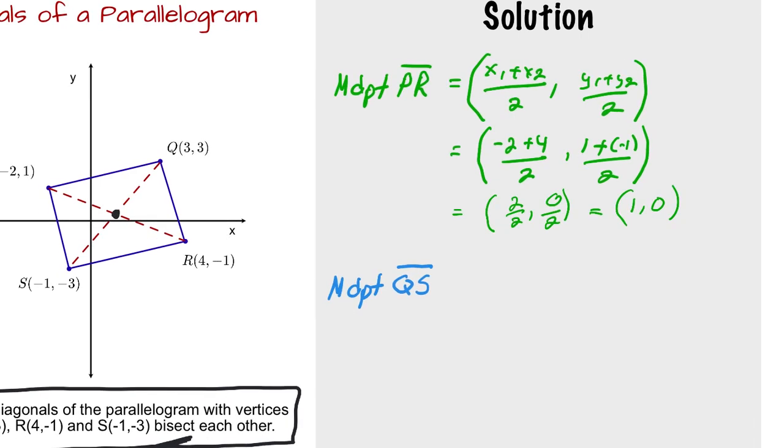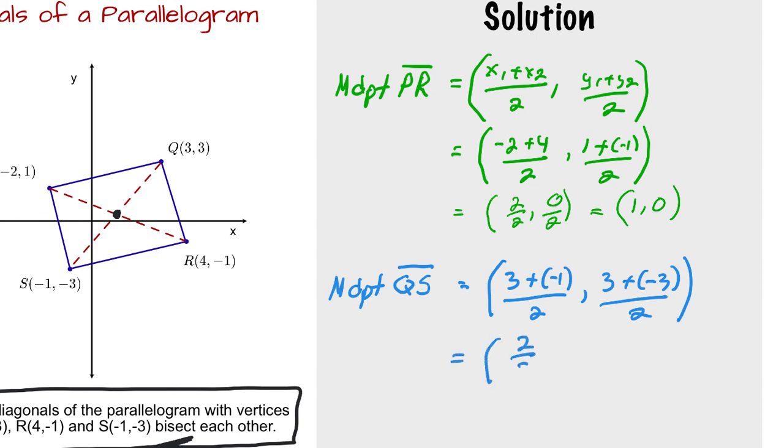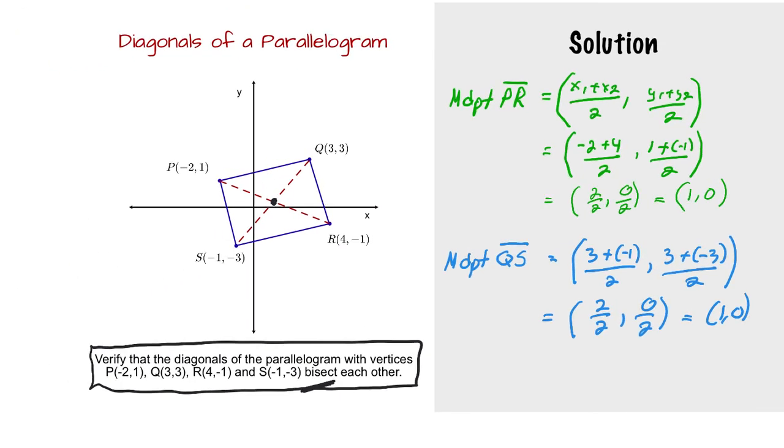The midpoint QS becomes the two x's added together, divided by 2, and the two y's added together, divided by 2. This should look fairly familiar now. 2 over 2, 0 over 2 equals 1, 0. So we have now verified the diagonals of the parallelogram indeed bisect each other.